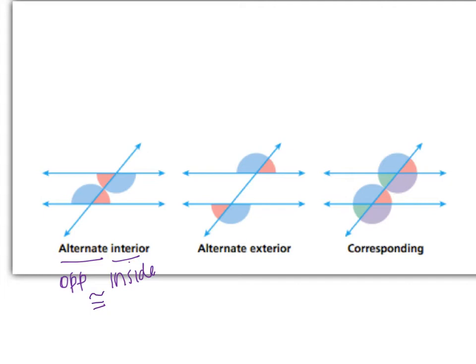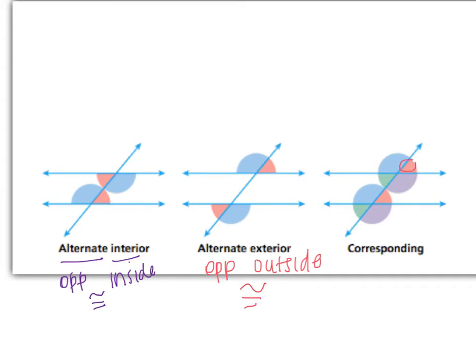Well, if we look at alternate exterior, alternate again, think of opposite. Now exterior means outside. So if we look at these angles on the outside, notice these ones in red are the same, and the ones in blue are the same. So they are going to be congruent. And then finally, corresponding.